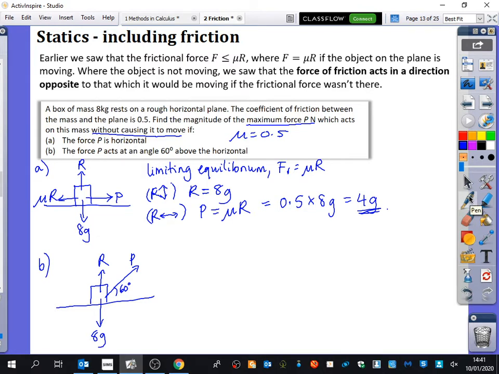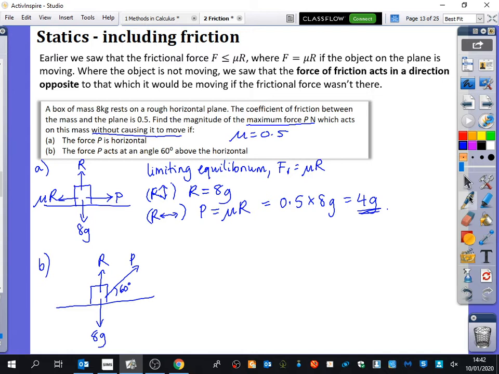Yep, we still want it to be in equilibrium. Okay. Any ideas? Niad, have you got any ideas about what force might change that we've got so far?